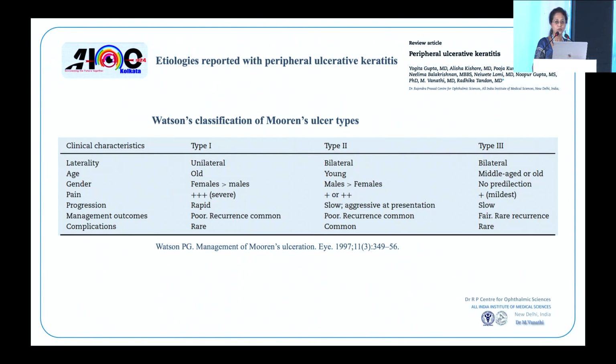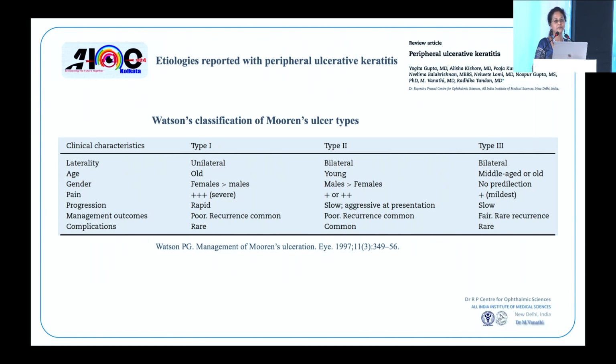Mooren's is a diagnosis of exclusion, when you do not have any systemic association and you are having an ulcer. Usually Mooren's presentation is very characteristic, we have an overhanging edge, and it could progress both circumferentially and laterally, and when untreated, and even with treatment, can involve the entire circumference and might necessitate interventions in these cases.